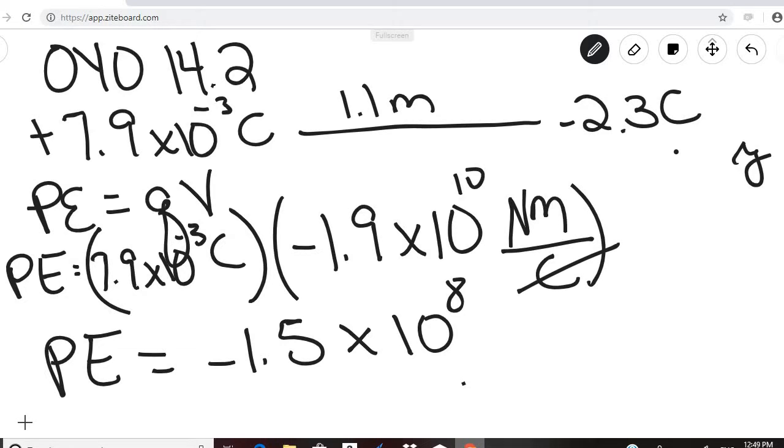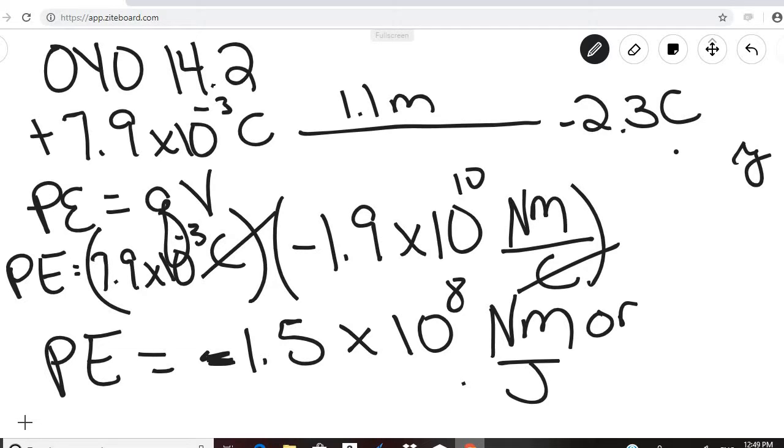So coulombs are going to cancel, and we will be left with Newton meters, which is a joule. So negative 1.5 times 10 to the 8 Newton meters or joules. Okay, so that is 14.2.